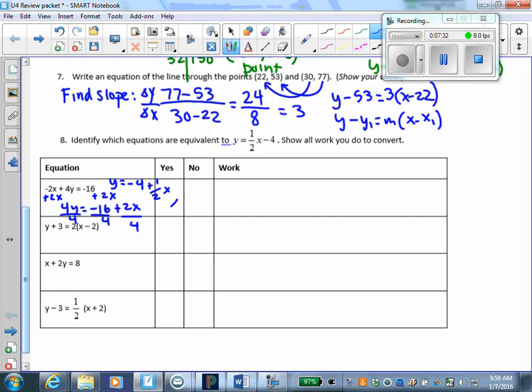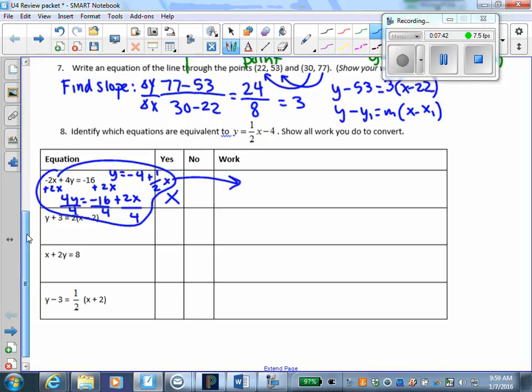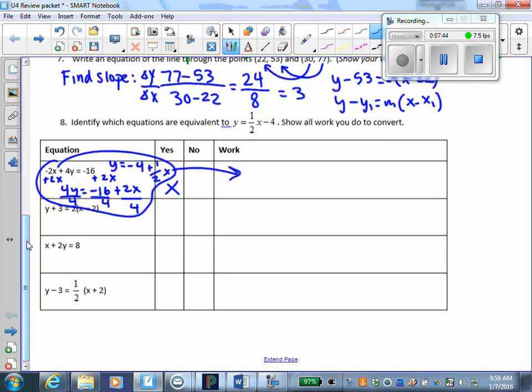So yes, oh my gosh, I should have done all this work over here. So I'm just going to circle it and put an arrow. Okay, the next equation, y plus 3, now I can't read it, equals 2 times x minus 2. So I'm going to rewrite it over here. y plus 3 equals 2 times x minus 2. All right, first thing is to distribute the slope.